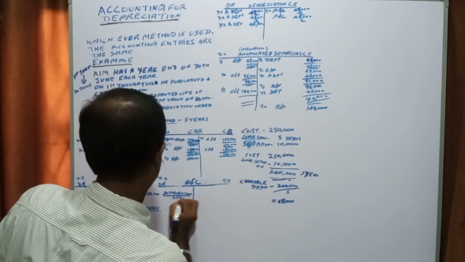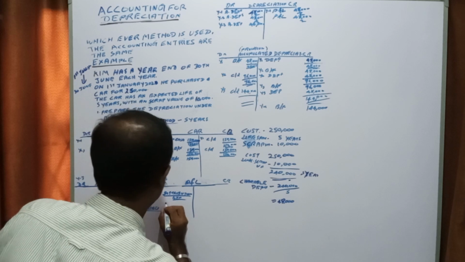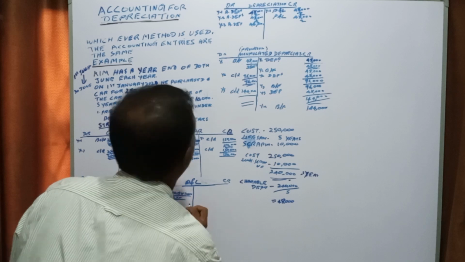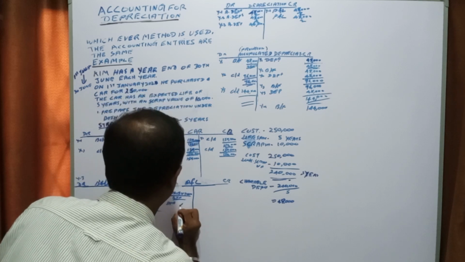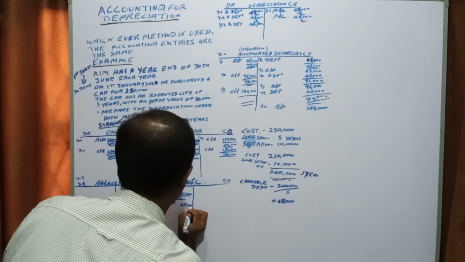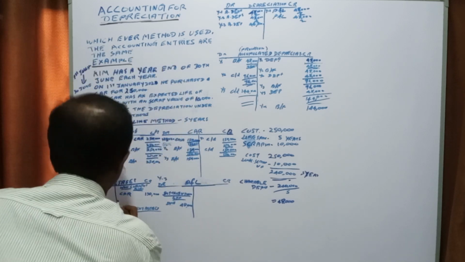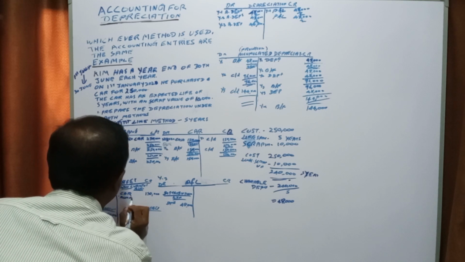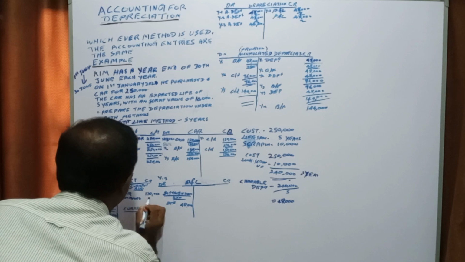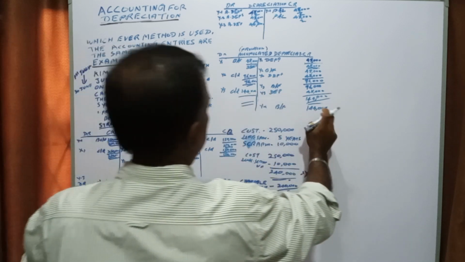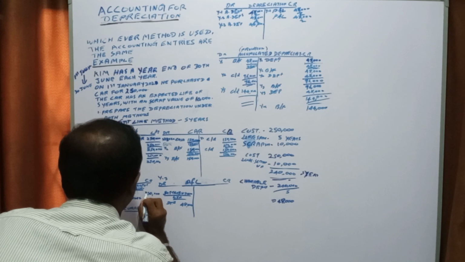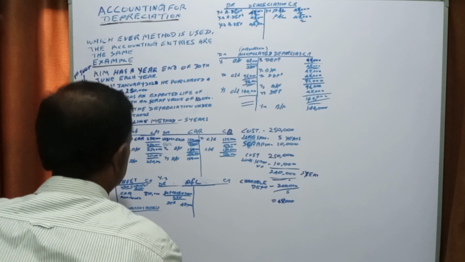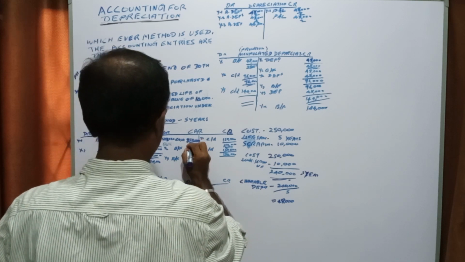We say depreciation 48,000. Less accumulated depreciation is 144,000. This is 250, this is 250.